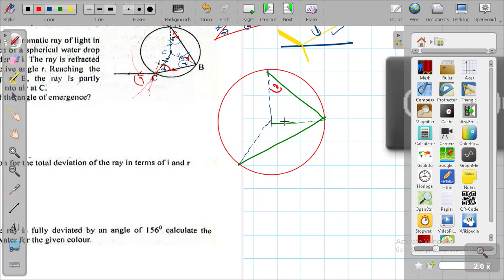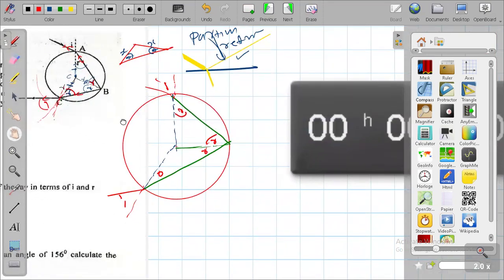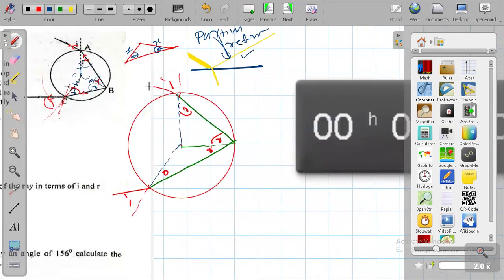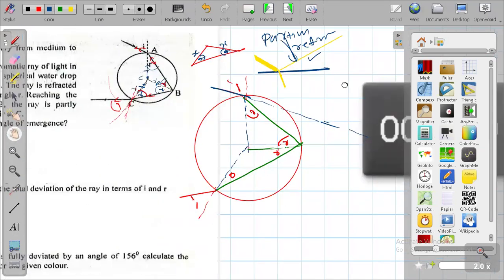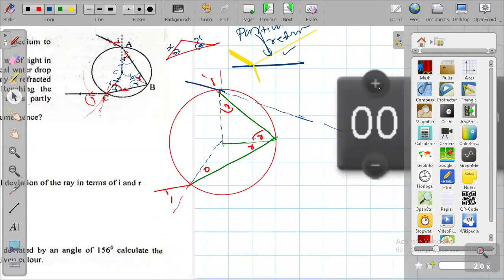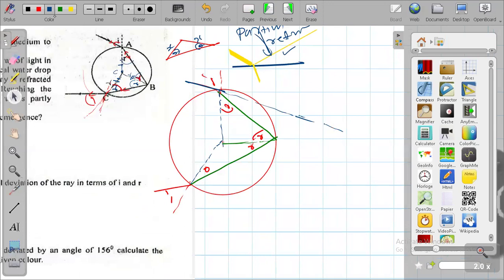R, R, R, R, I, I. Right. This light ray was just about to travel somewhere like this, happily about to move.